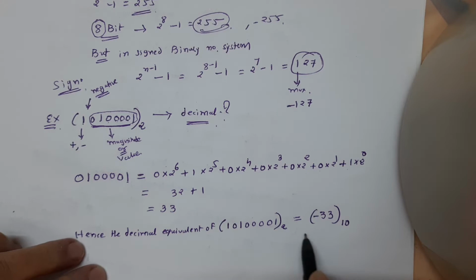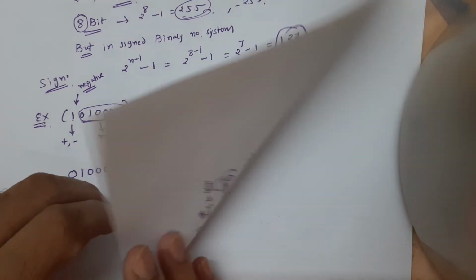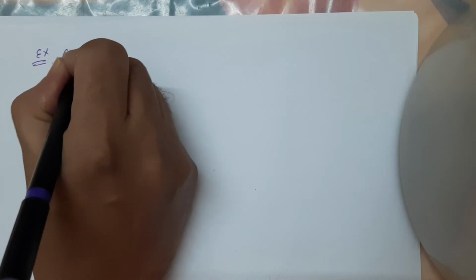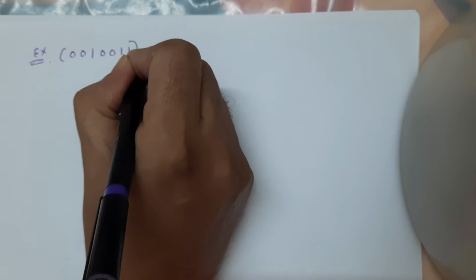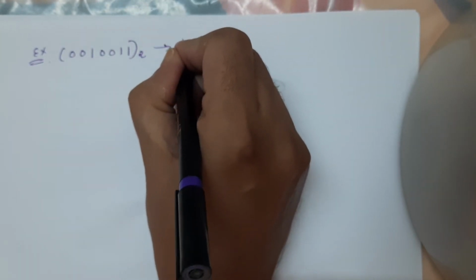So you represent it this way. Second example, we will take the second example: 00100011. This binary number we want to convert into decimal form.